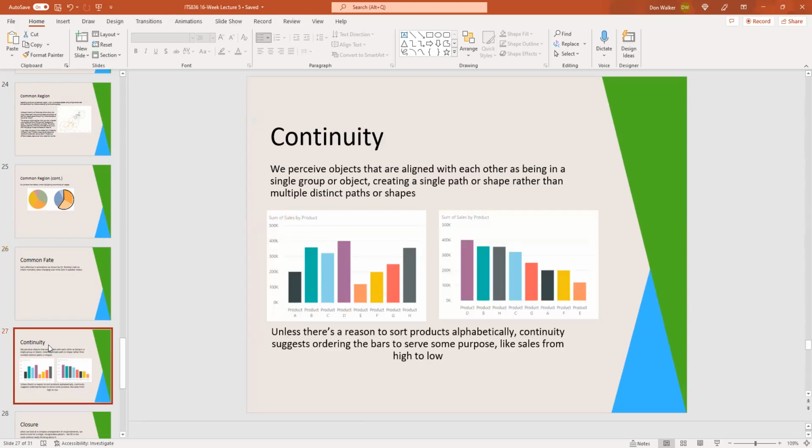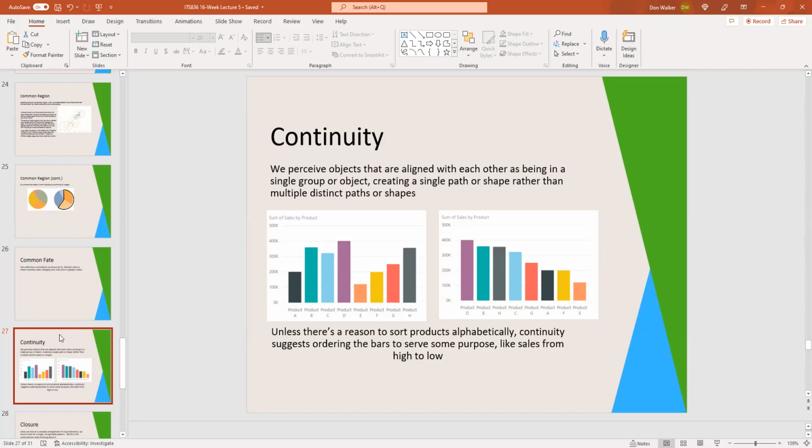Continuity is where they're together and they form a trend or a path, or if there's no reason to put like products in alphabetical order, for example, here, or stores in your company, or whatever the case may be, the data kind of jumps around, and it's hard to do relative analysis, visual relative analysis on that left-hand bar.